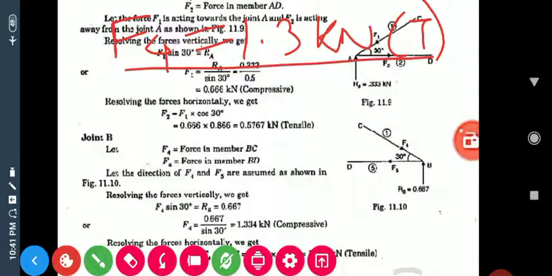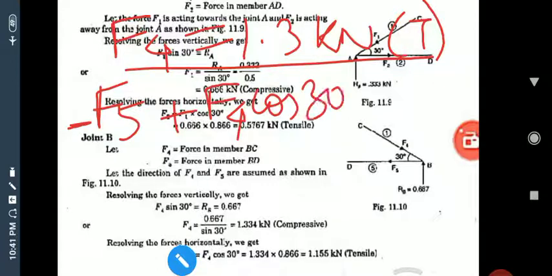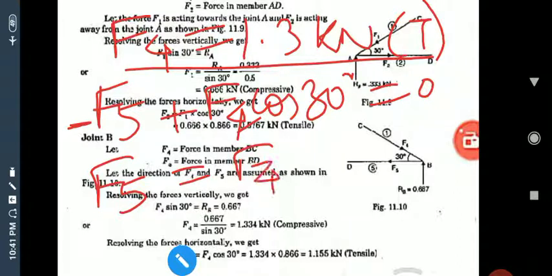Now from the earlier equation we have obtained minus F5 plus F4 cos 30 degrees equal to 0. Now we know the value of F4, so we can obtain F5 as F4 cos 30 degrees.